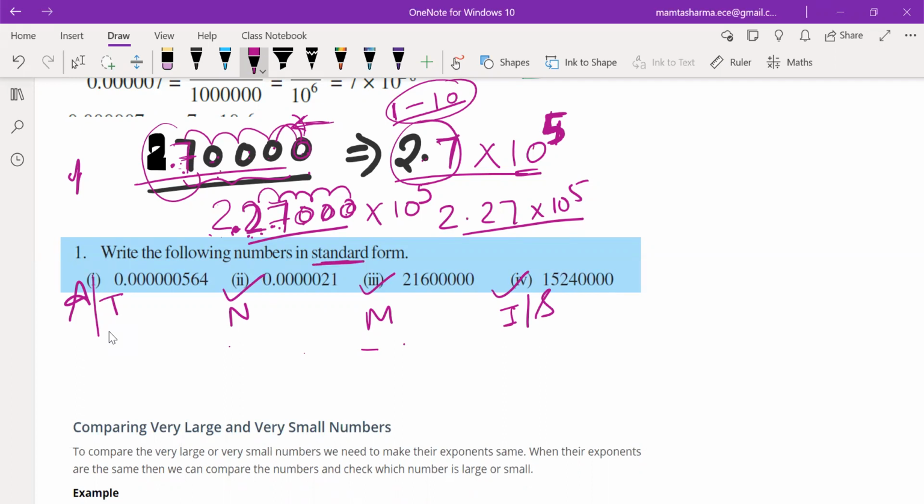Exponent form means write the 10 raised to power something. Ma'am, second one is mine. Yes. So what is your answer?